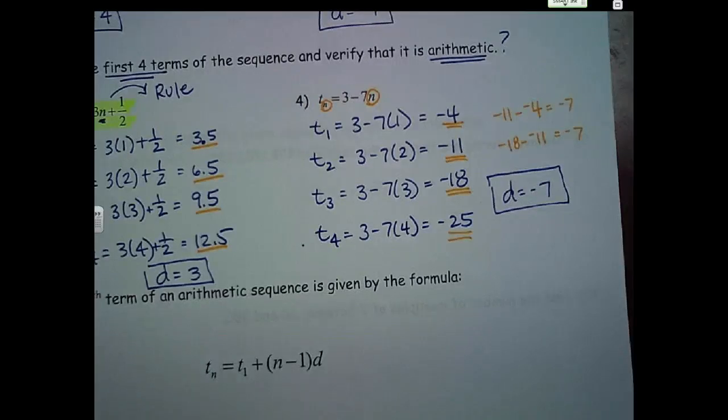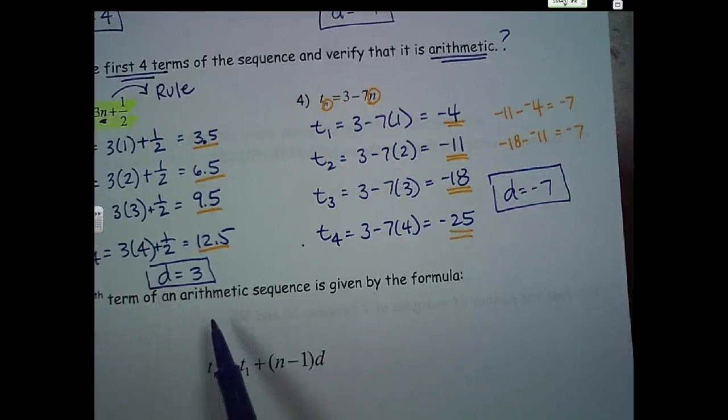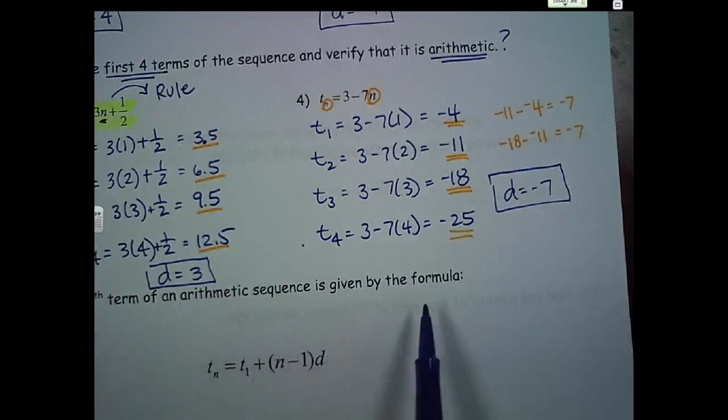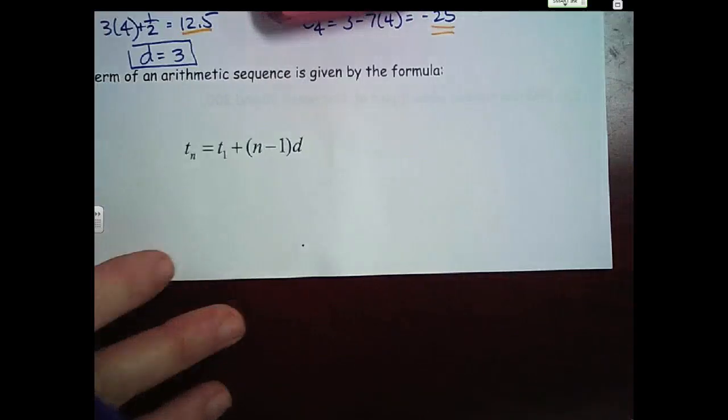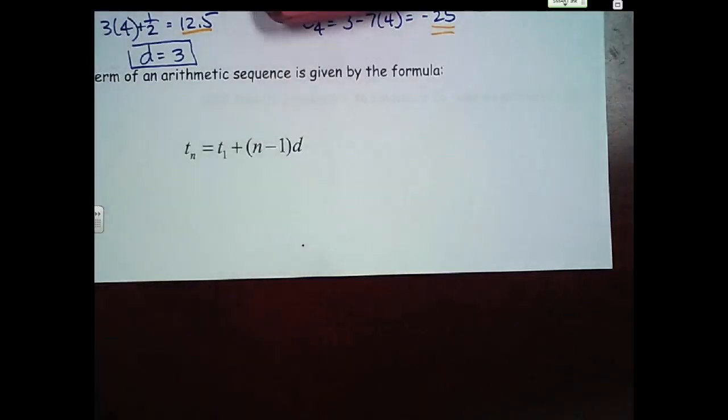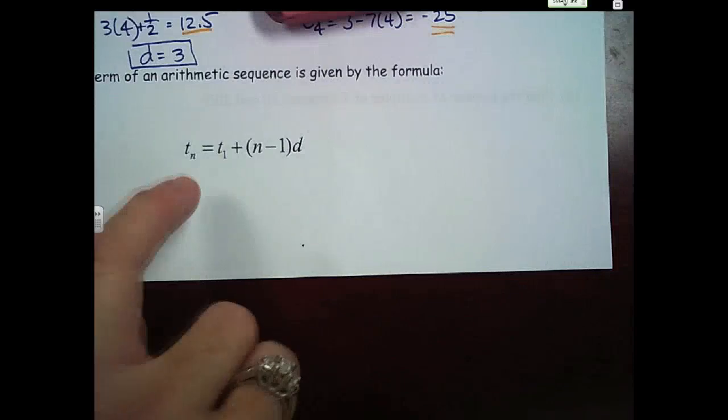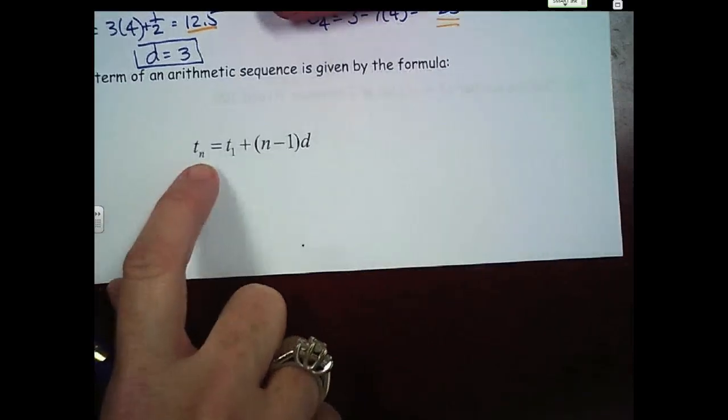The next one. Find the nth term of an arithmetic sequence given to you by this formula. Okay, so this one's a little weird. Let's read it again. Now, you'll notice there's a tiny little n, right? Earlier we said, if I want to find the first term, I plug a 1 in.